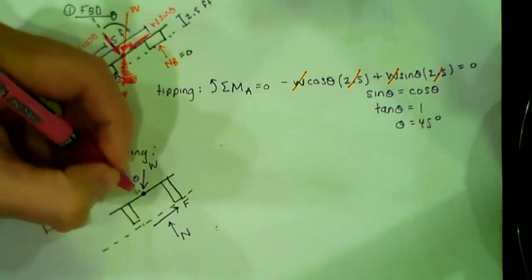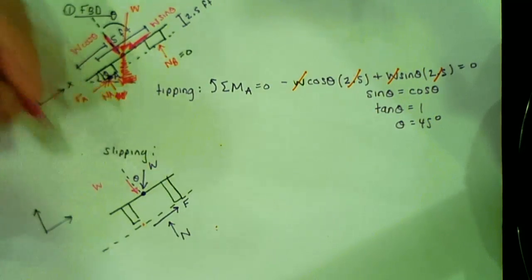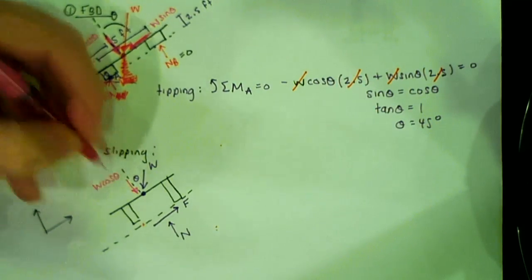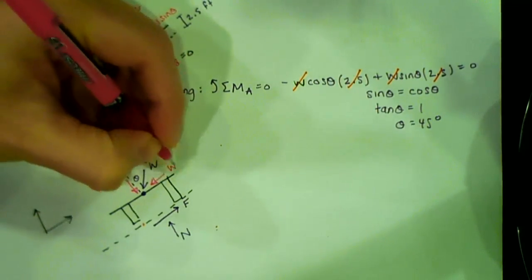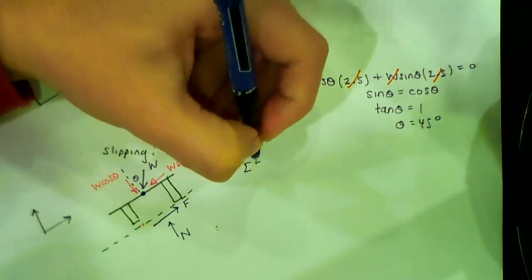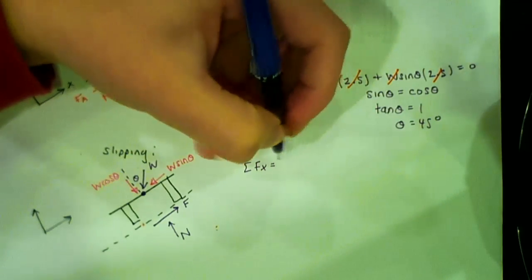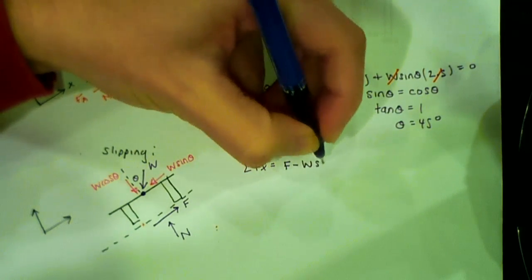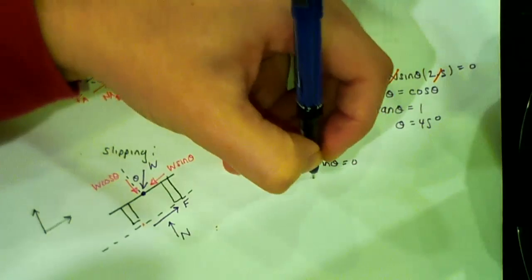This component right here is W cosine theta, that component W sine theta. Sum of forces in x, I get F minus W sine theta equals 0.